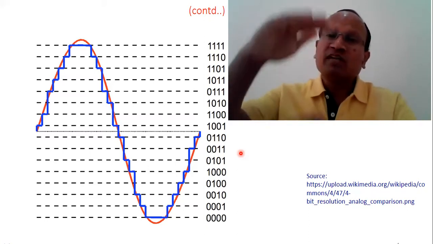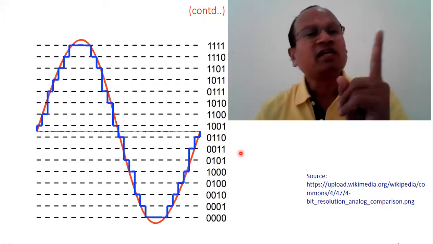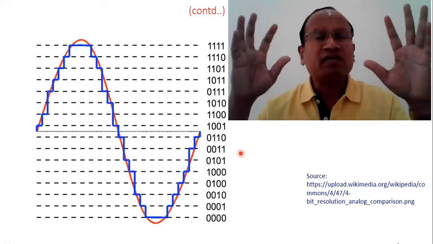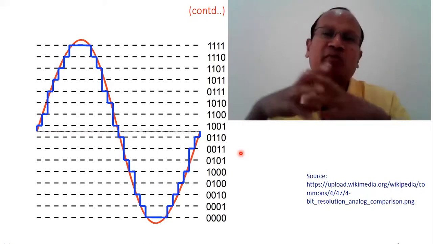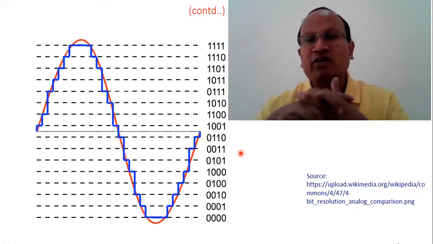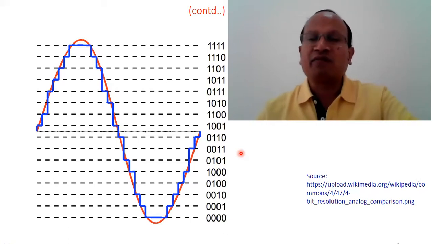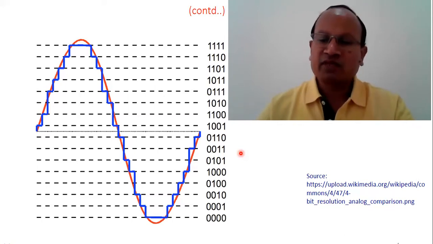Each pulse will require 5 bits, so bandwidth has increased. This is a difficult issue in PCM, though it's a very effective method used to convert analog signal into digital form. But of course, there is a constraint related to the bandwidth.